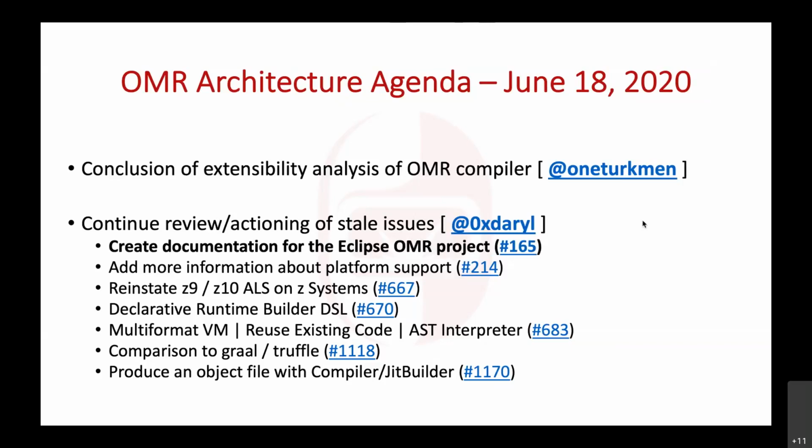Yeah, I'll take action on that one. I have a pretty good summary of why we should drop Z9 support specifically, but keep Z10. Okay. So I'll take that issue and I'll post an update. Okay. Alrighty.